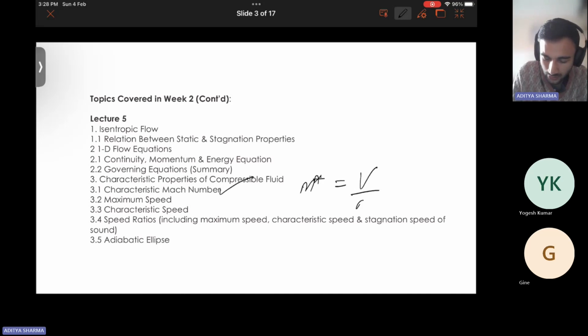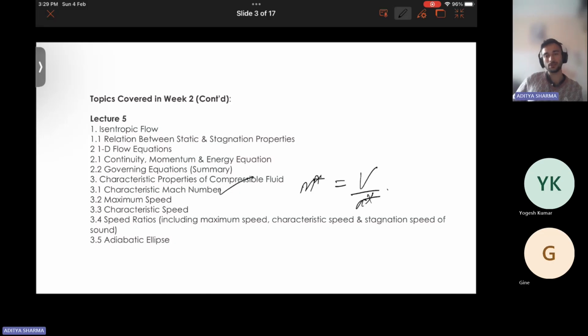So this is V by A star. This is the characteristic Mach number, and the speed linked to that is the characteristic speed.